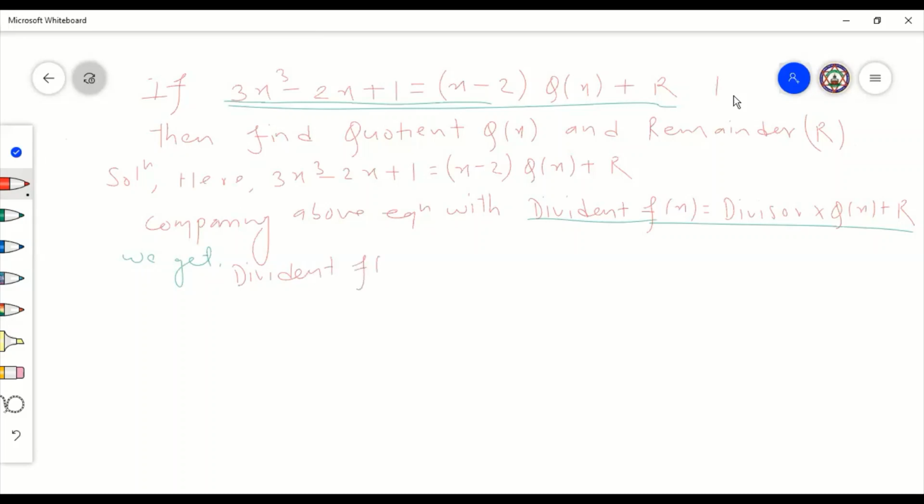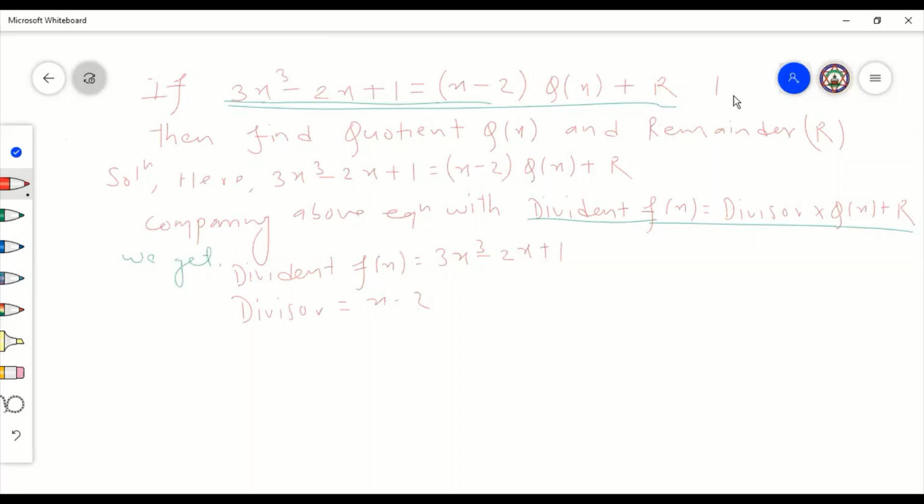Then f(x) equals 3x cube minus 2x plus 1, and the divisor we can say is x minus 2. After finding that, we can use synthetic division over here.